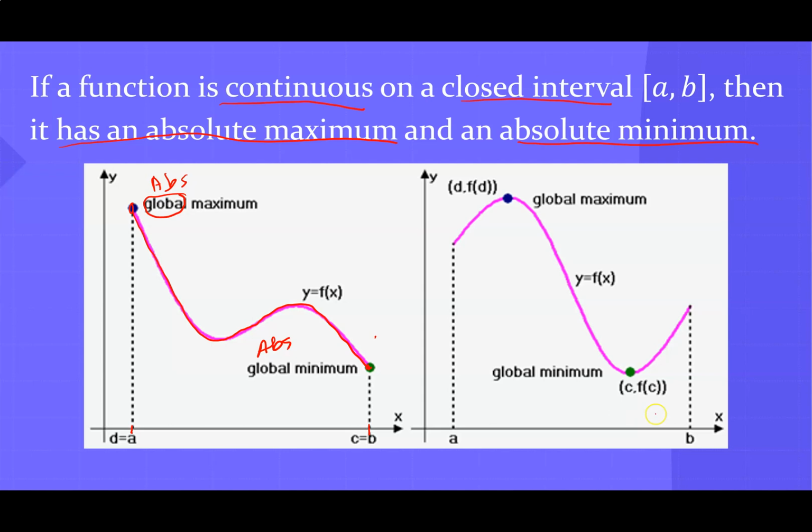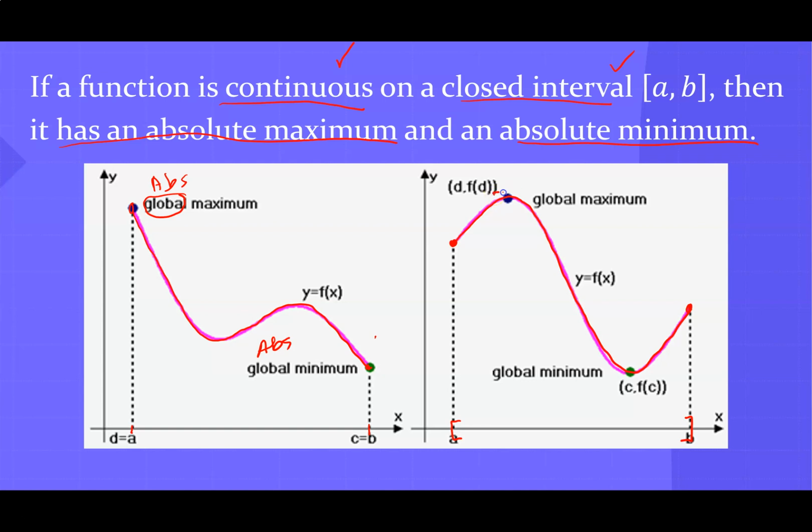No. For example, let's take a look at the one on the right. So we have a closed interval AB. The function is continuous, so the conditions are met in the theorem. Then the theorem suggests that it will have an absolute maximum and an absolute minimum.